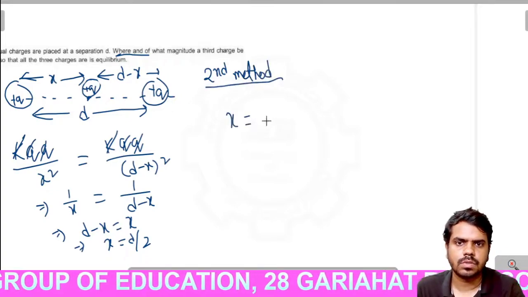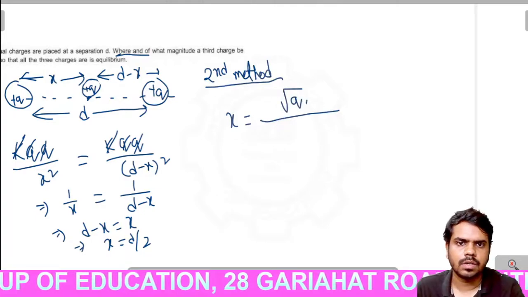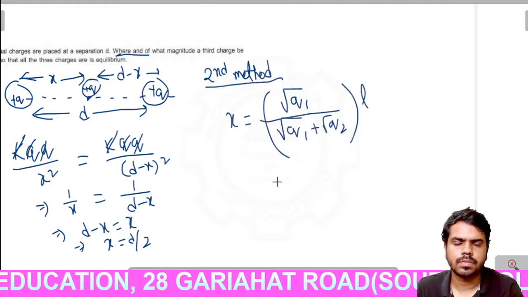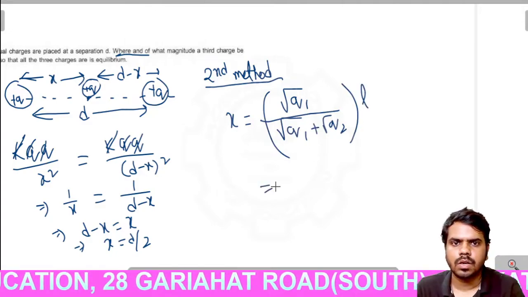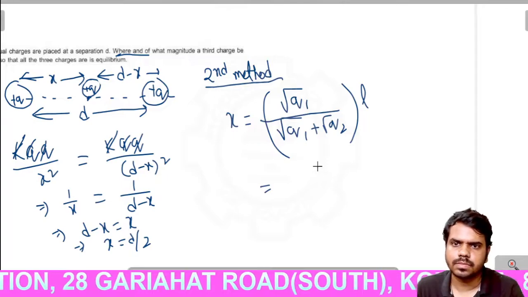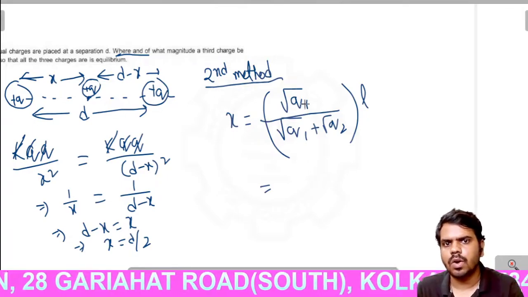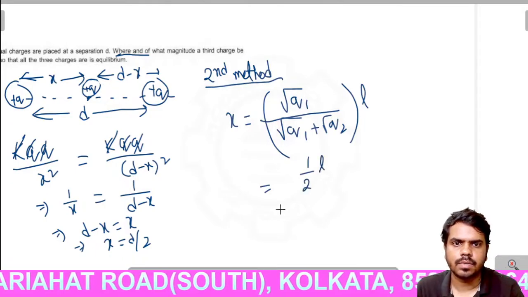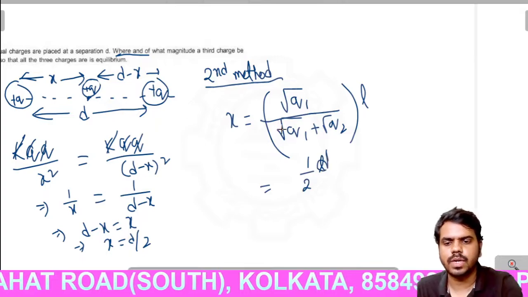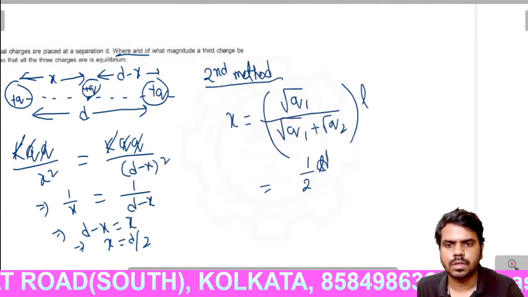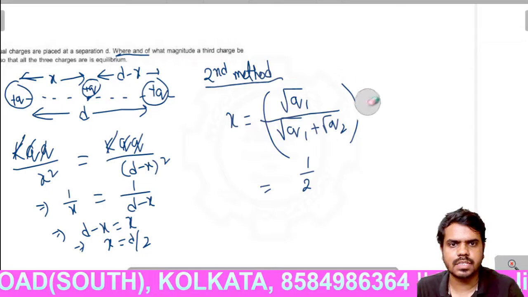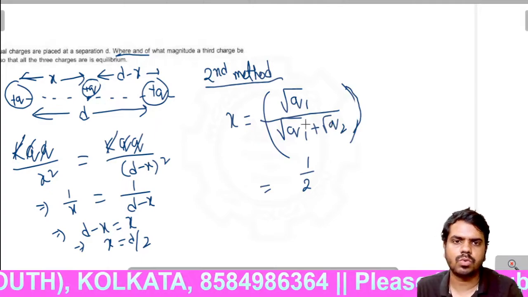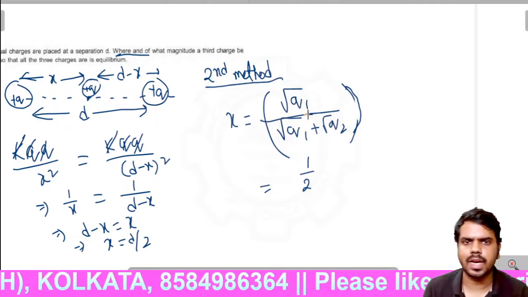x is equal to root q1 by root q1 plus root q2 into L. Here L is the distance between them, and I am writing it as D. For root q1, only the magnitude will be placed here.